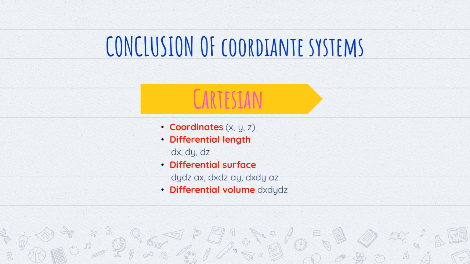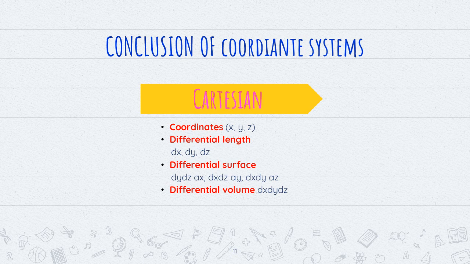The second point is that the sides are dx, dy, and dz. Now, there are three differential elements. The first one is differential length. The differential length is given by the formula dl is equal to dx into ax vector, dy into ay vector, plus dz into az vector.